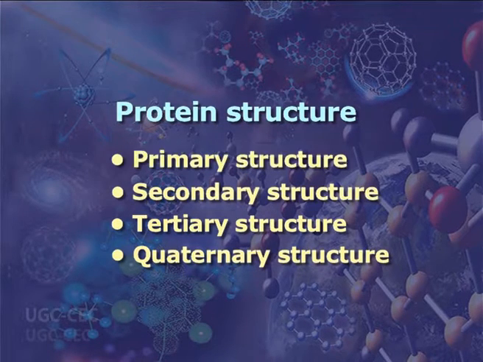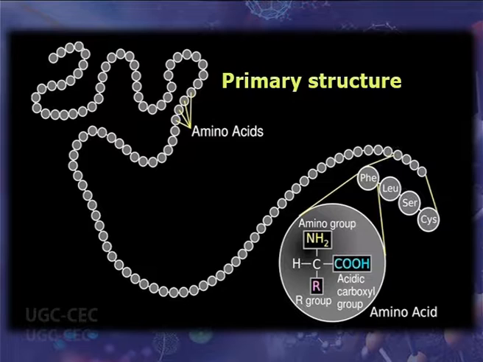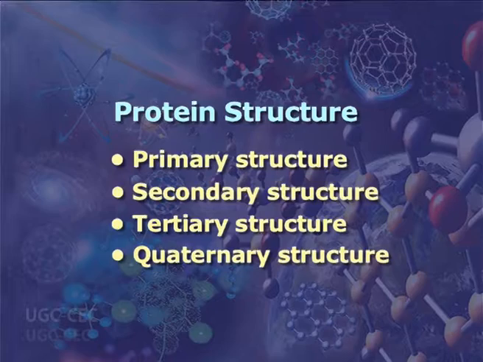Primary structure. The primary structure of a protein refers to the linear sequence of amino acids in the polypeptide chain. The primary structure is held together by covalent bonds such as peptide bonds, which are made during the process of protein biosynthesis or translation. A protein is a polyamide.